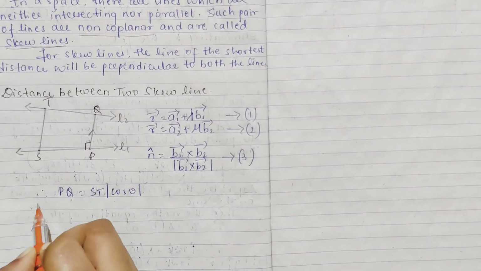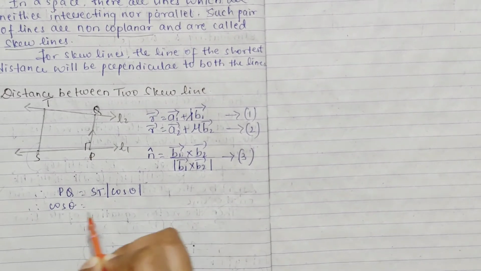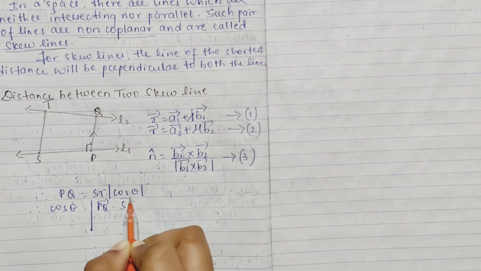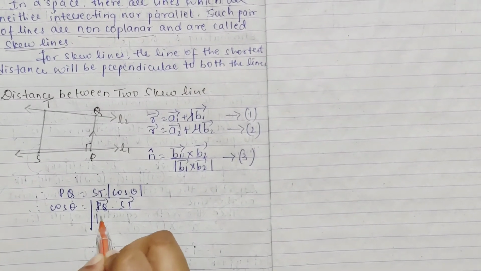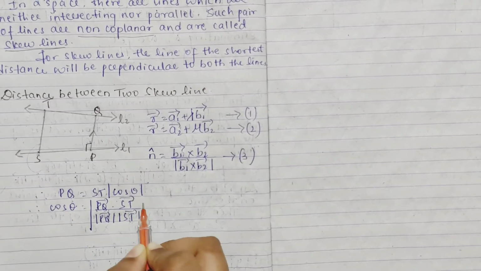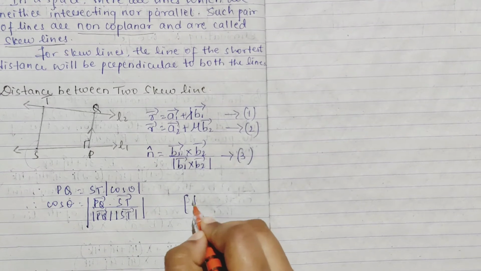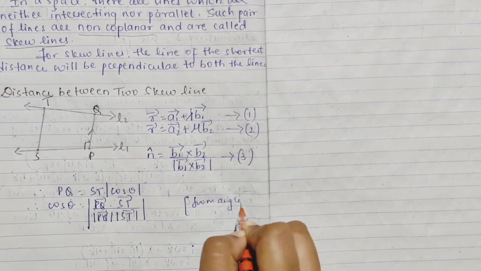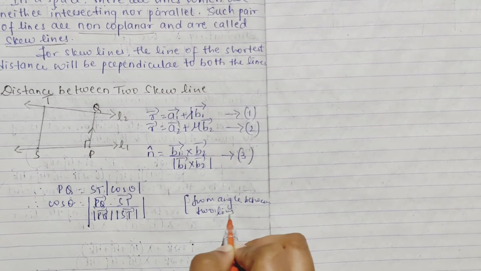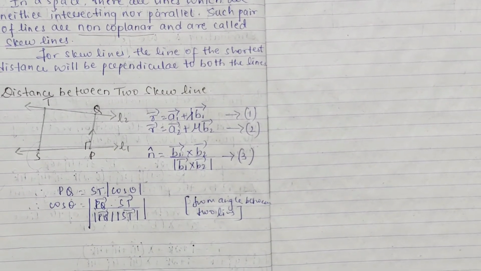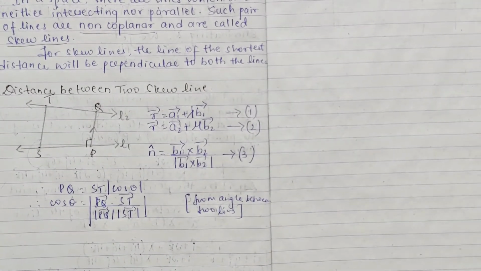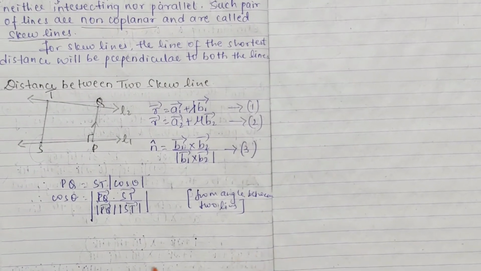So therefore if you want to find cos theta, how it will become, modulus of vector PQ dot vector ST whole divided by modulus PQ vector into modulus ST vector. This is from angle between 2 lines, it is given by this formula. So directly you write the formula, no need of going in depth, just for your understanding it is.